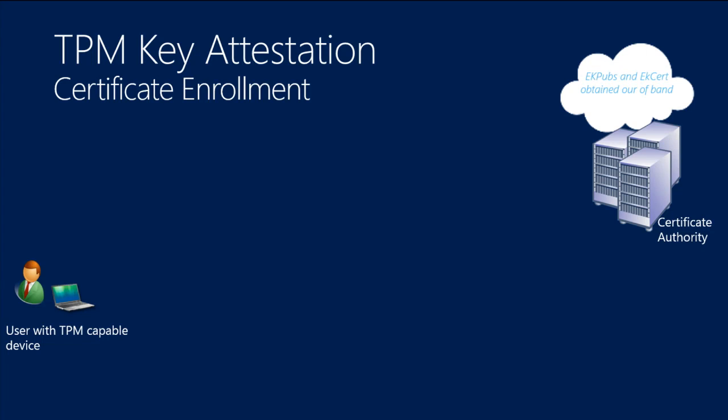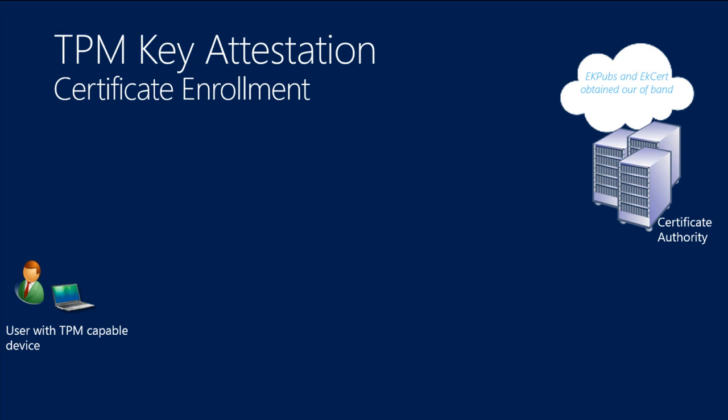We have three methods to validate this functionality. The first method is called on first attempt. It means users sign in with their domain credentials, and we will go through the TPM attestation handshake, and we will issue TPM-capable certificates or keys for this particular user.